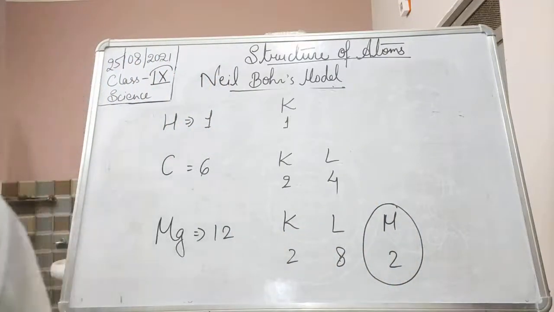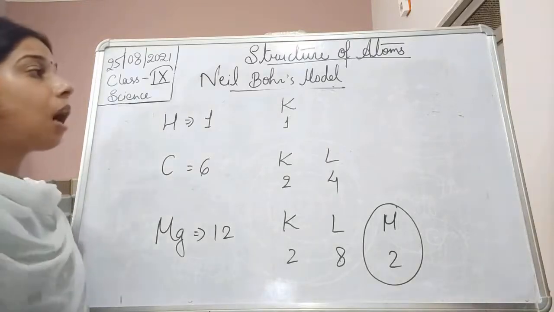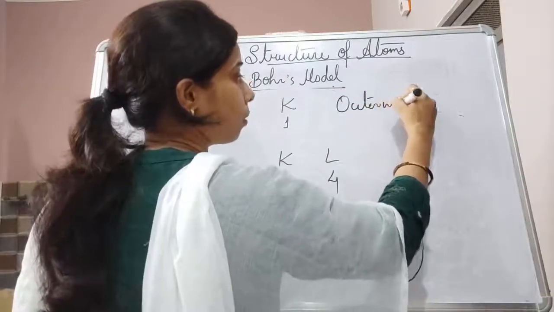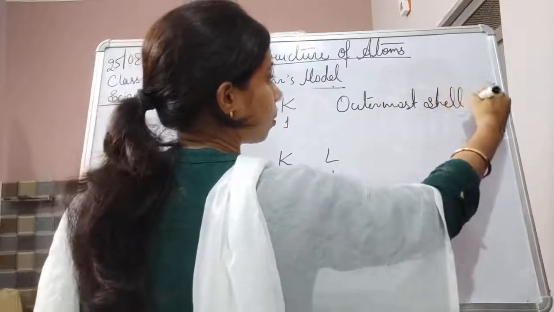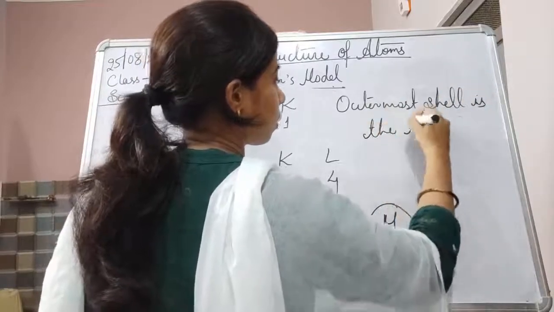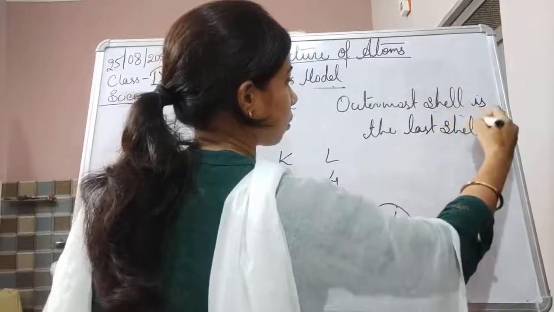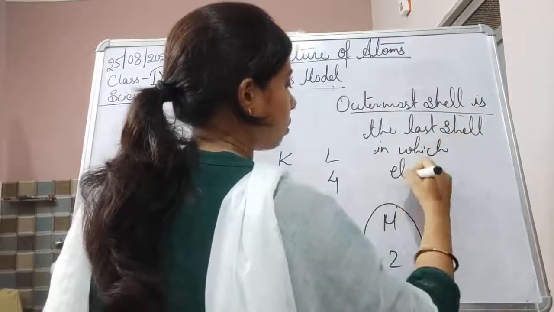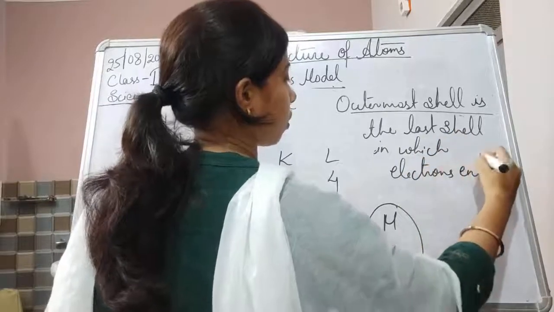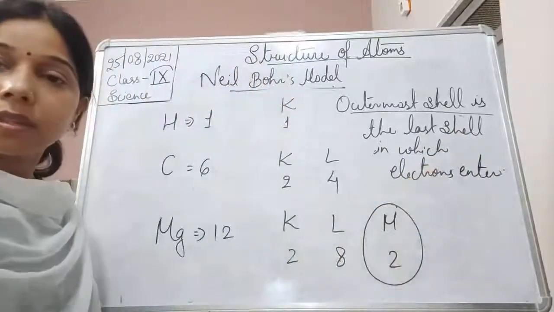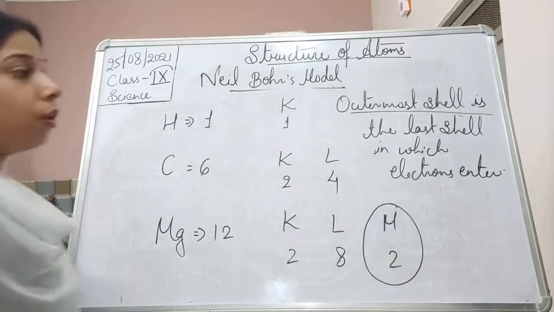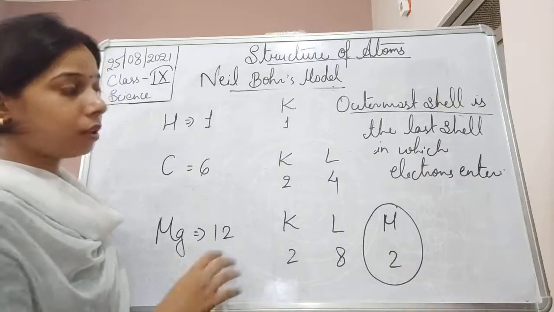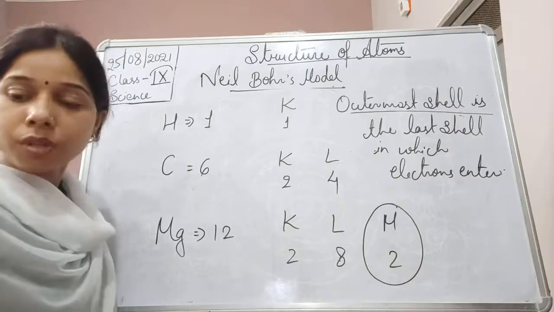So we can conclude that the outermost shell is nothing but the last shell in which electrons enter. Okay, so the last shell in which electrons enter, that is the outermost shell.